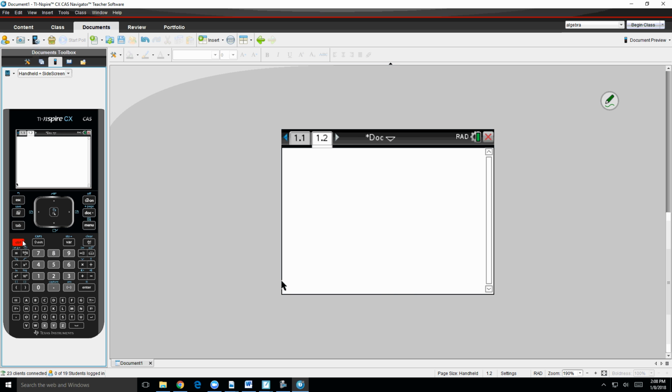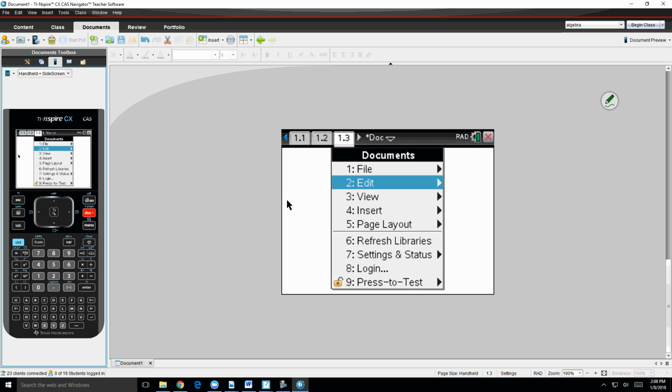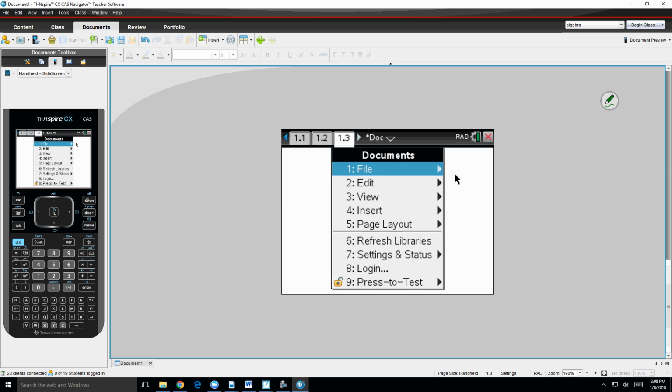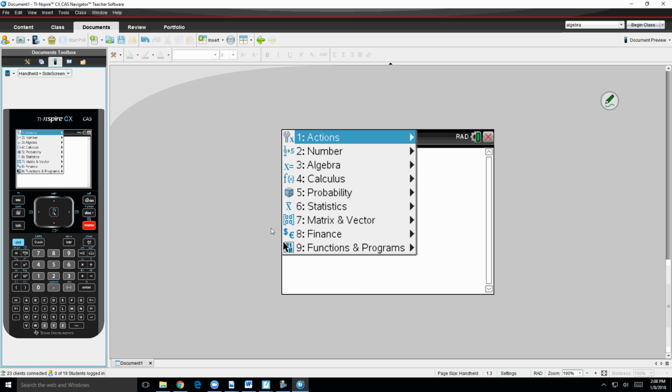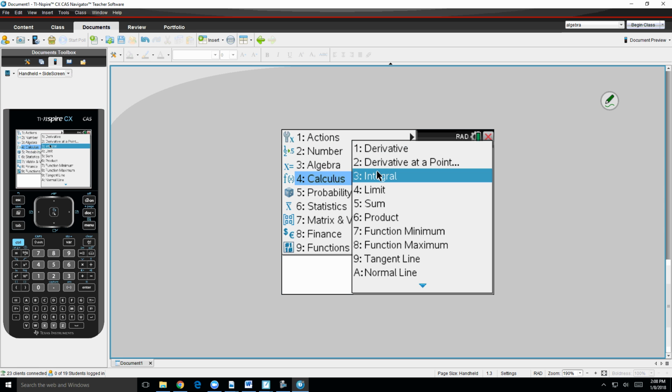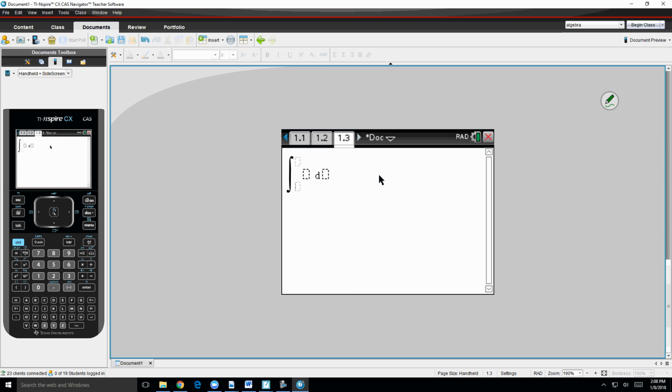Okay, let's go home and open up a calculator page. So we go to menu, we go to calculus, and then you should see this integral option. So I'm going to click integral.